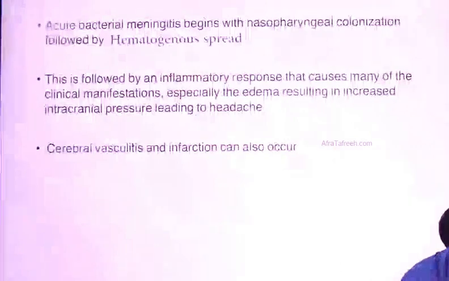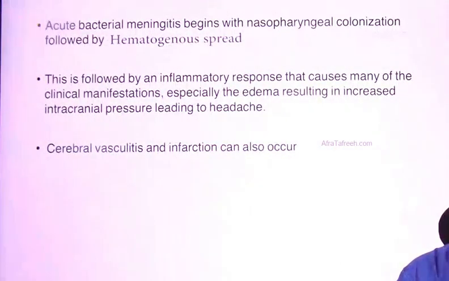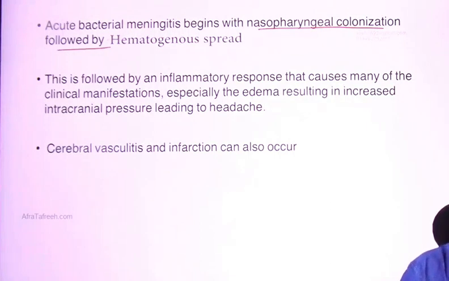Basically, I've just told you acute bacterial meningitis begins with nasopharyngeal colonization, mostly in the meningo and sometimes pneumo, followed by the hematogenous spread. After that, there is an inflammatory response that causes many of the clinical manifestations, especially edema.